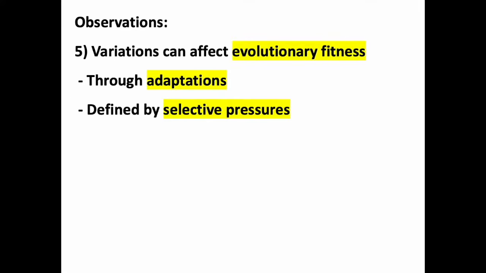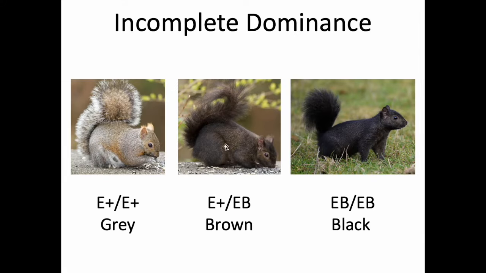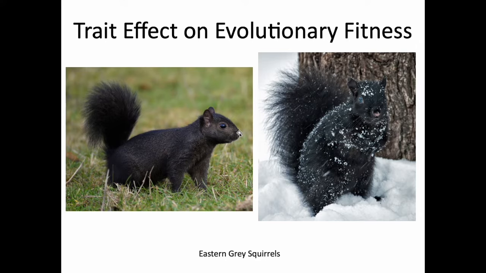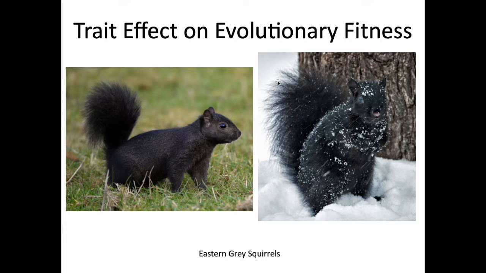So let's go back to these squirrels. As it turns out, this melanistic variation, the brown or black, the darker fur allele on these eastern gray squirrels, is actually an adaptation in parts of Canada, in the north part of North America, where it gets very cold in the winter. Having black fur, and to a lesser extent brown, helps you absorb more heat from sunlight and helps you survive when it's very, very cold outside.